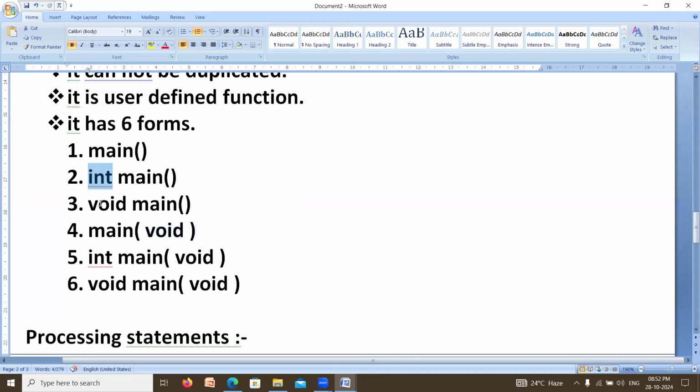That answer you can return. It is called the return type. To understand all these things, you should know what a function is and how to define a function. So till then, you better remember we have 6 types of main functions. Any one is okay, no problem here. Got it?